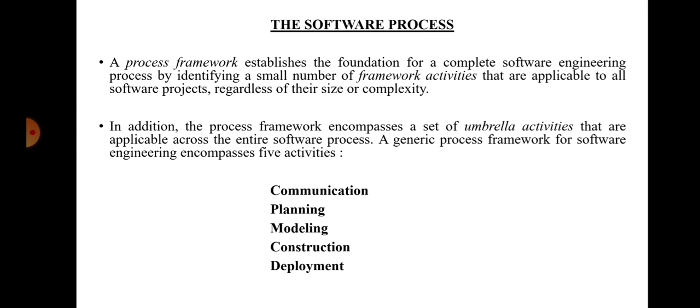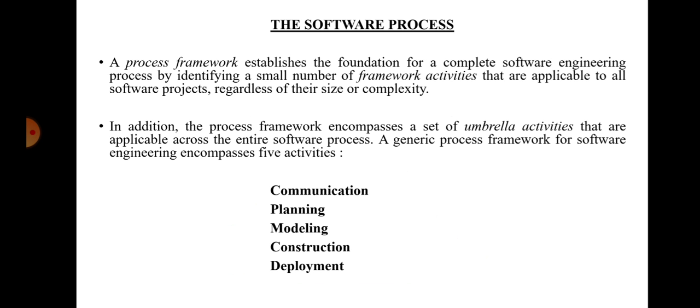Next one is software process. A process is nothing but a set of activities we have to carry out to deliver a particular software product which should meet the requirements of the customer. And a process is also called an activity or a framework.